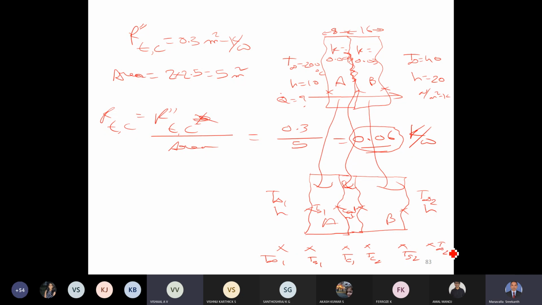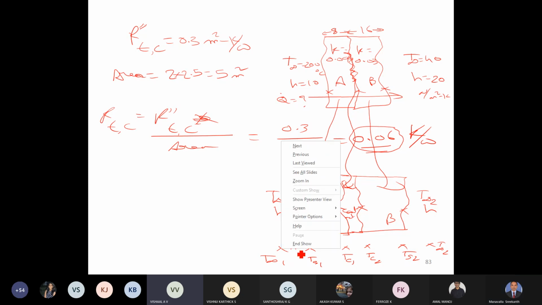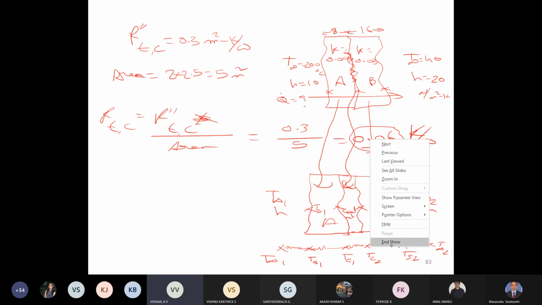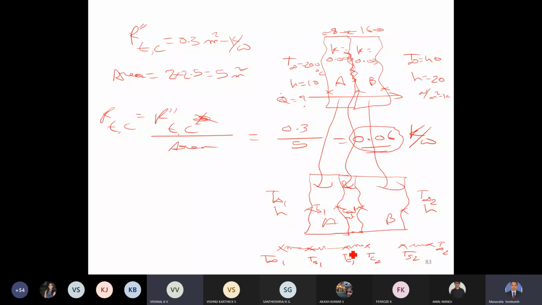Now these are the temperatures involved, and let us combine them with the resistances. So there are 5 resistances here.